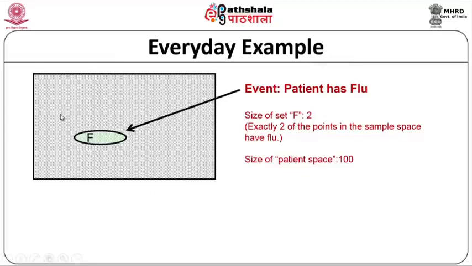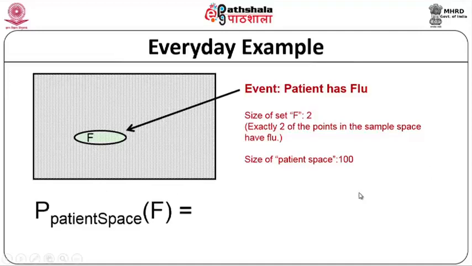Since our sample space size is 100, now we can determine the probability of a patient having flu from the patient space, that is from our given sample space. For this, we need to know the number of favorable chances and the total number of chances. Here the number of favorable events is the 2 patients who have flu, and the total number of chances is nothing but the total number of patients.